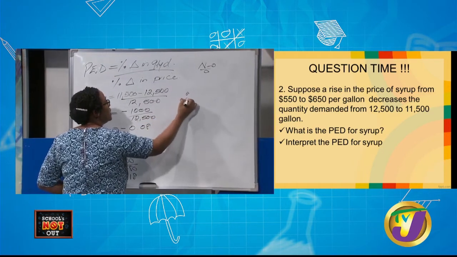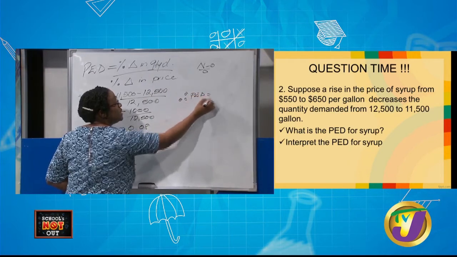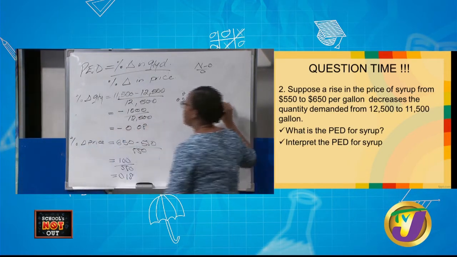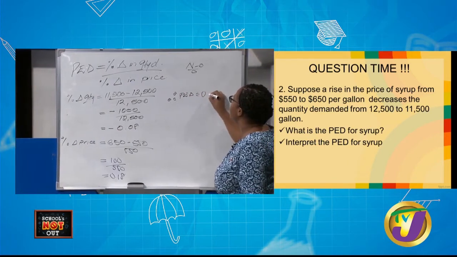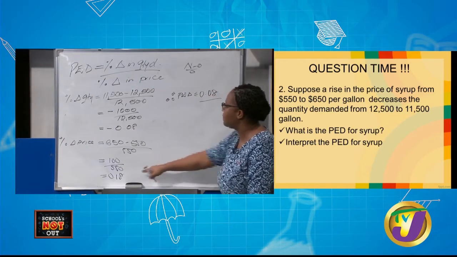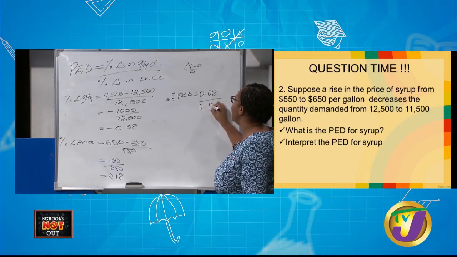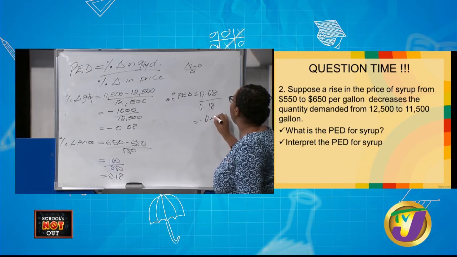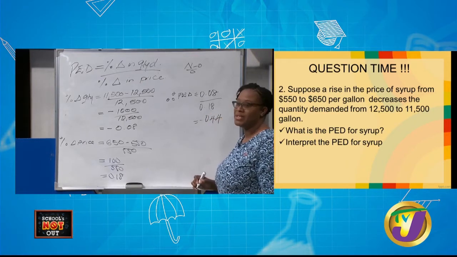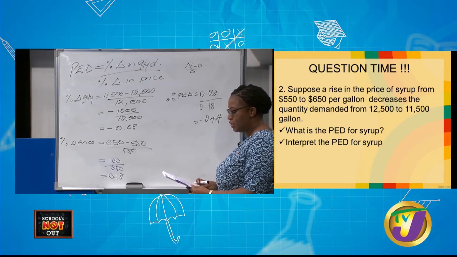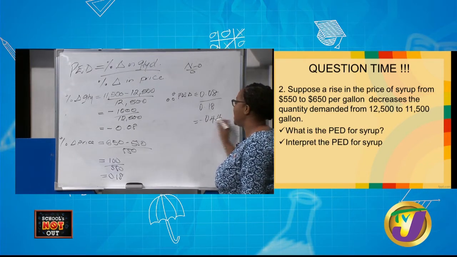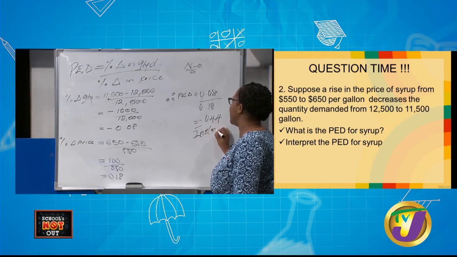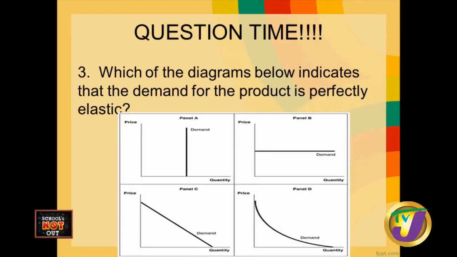Therefore, the PED is equal to your quantity, which is negative 0.08, divided by your price, 0.18, and your answer is 0.44. And the question also asks you to interpret it. It is less than 1, so it is inelastic.